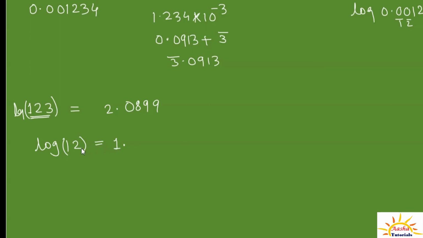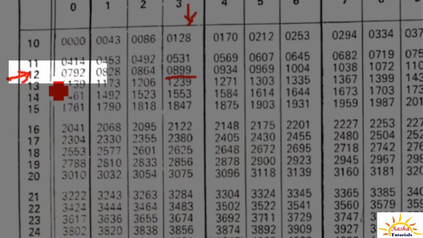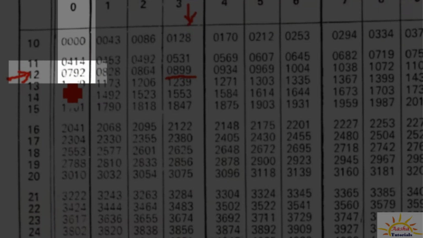When we don't have any number after that 2-digit number, consider it as 00. So we have to find the log of 12 in the 0th column. Here in this log table, the log of 12 in the 0th column is 0792.